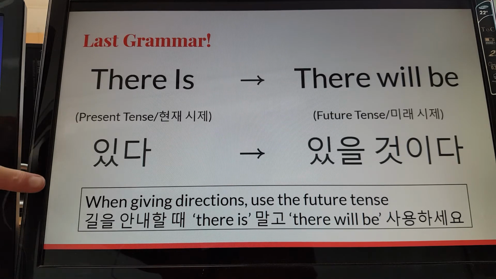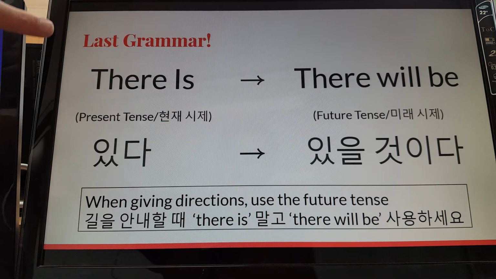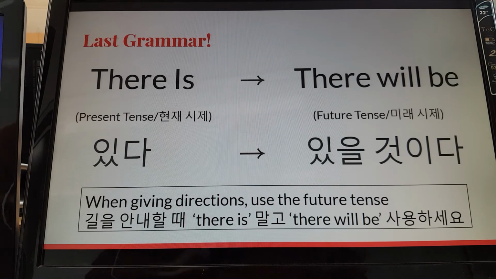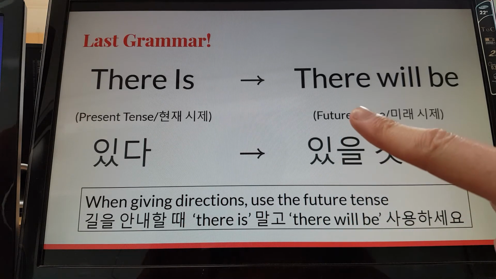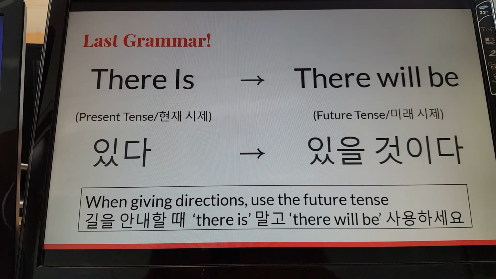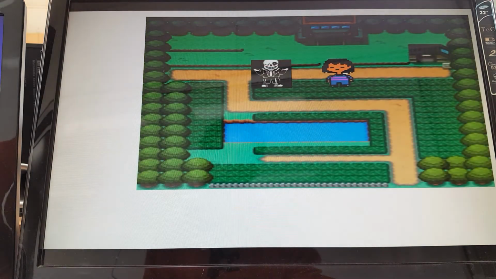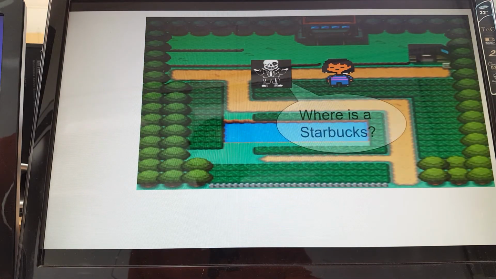So when you give directions, use the future tense. So there is, present tense, future tense, there will be. There will be. So use there will be when you give directions. Okay, let's look at our last example.